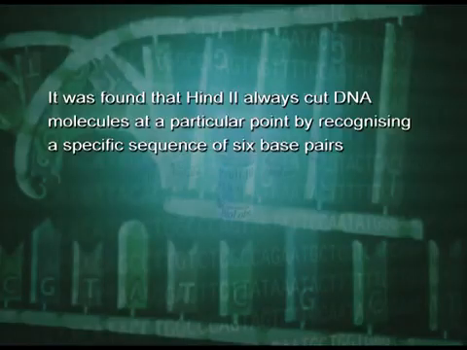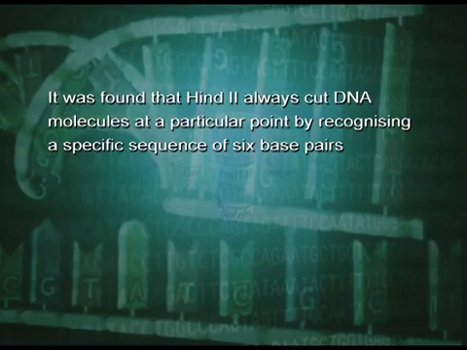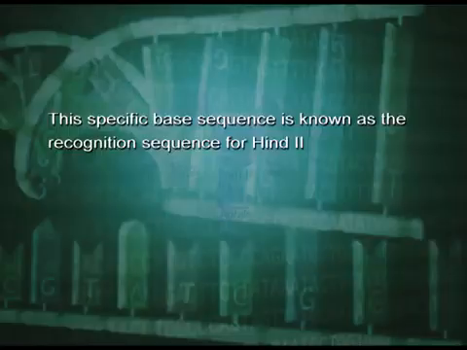It was found that HindII always cut DNA molecules at a particular point by recognizing a specific sequence of 6 base pairs. This specific base sequence is known as the recognition sequence for HindII.